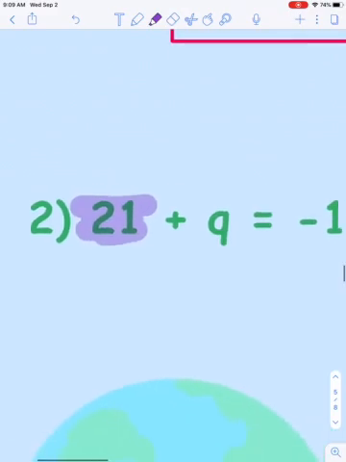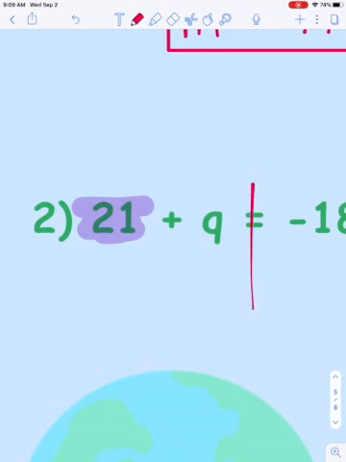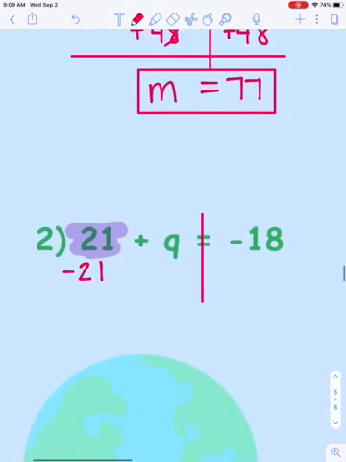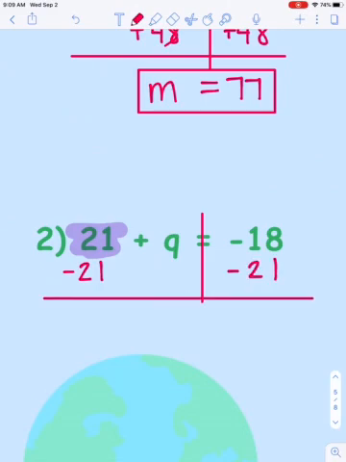The only way to move a positive number is to subtract it over. So we're going to subtract 21 because it's positive from both sides of the equal sign. On the left, 21 minus 21 is 0. So you're left with a positive q equals. On the right, you just have to do negative 18 minus 21, which is just negative 39. And now you're done.